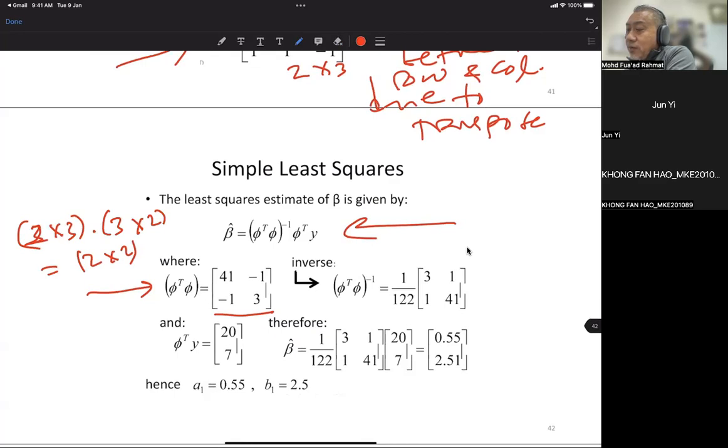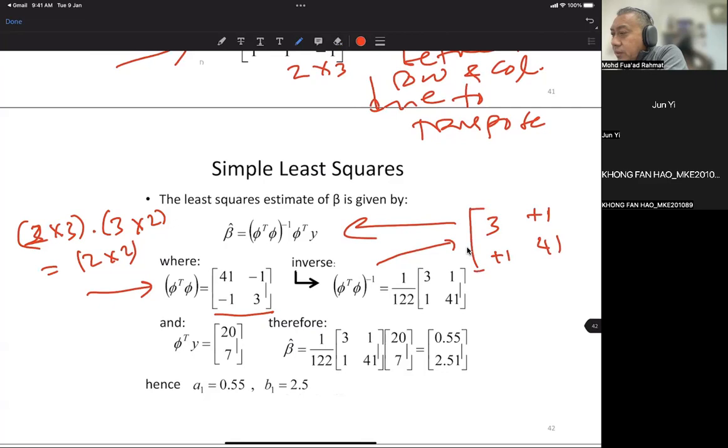So how do you find the inverse manually? From this particular subject, this one is how you find the inverse.